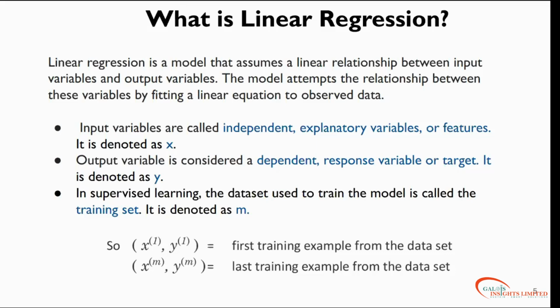If you look at the iris data set that we looked at last week, x1 refers to all the features except the target column. And xm, ym is the last row, the last training example from the data set. The xm comes in the form of a matrix, and the ym comes in the form of a vector. So I hope this helps.